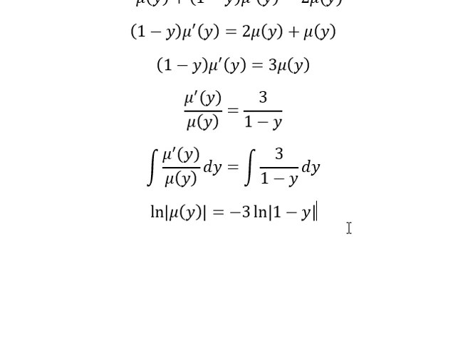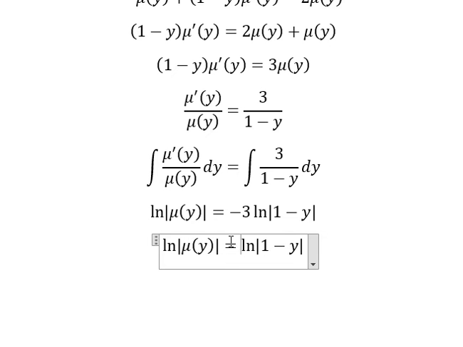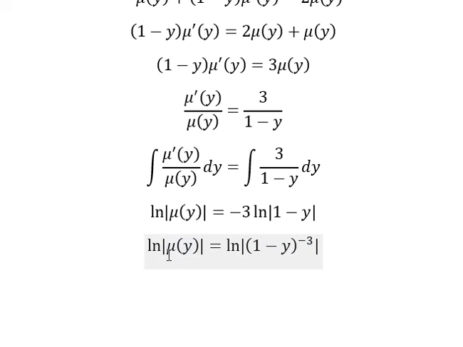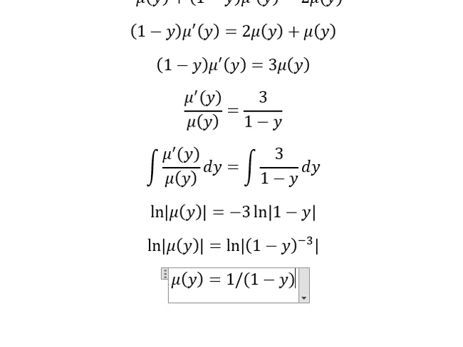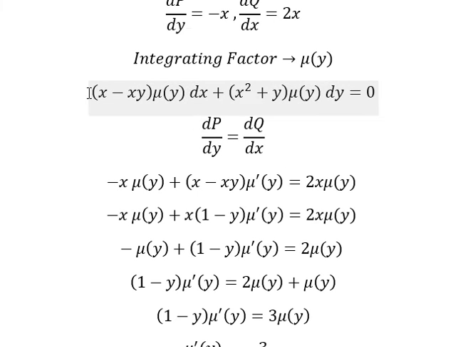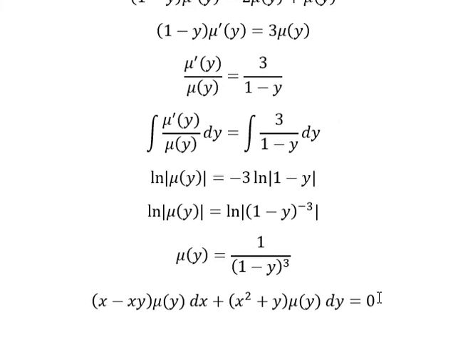And now I will put this one go inside natural log in here. So we have mu y equals to 1 over 1 minus y to the power of 3. That means we multiply both sides by this one.